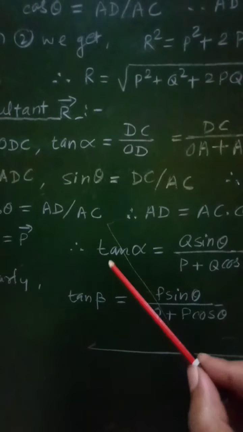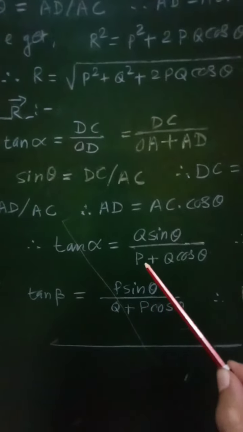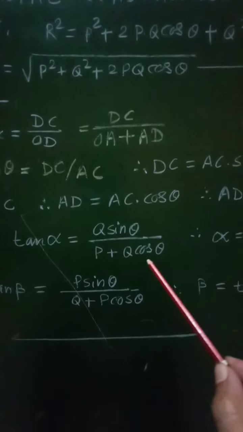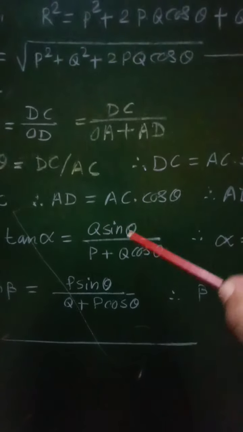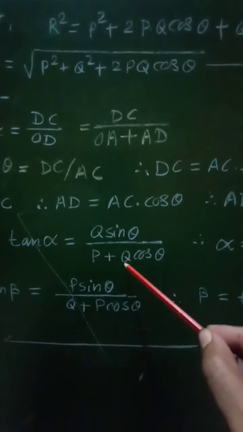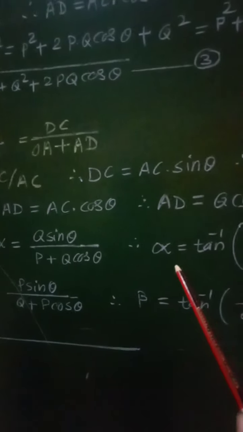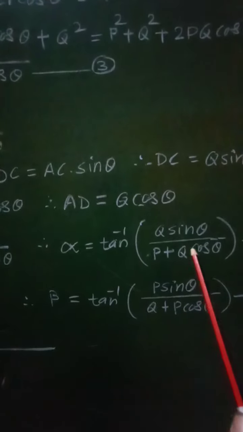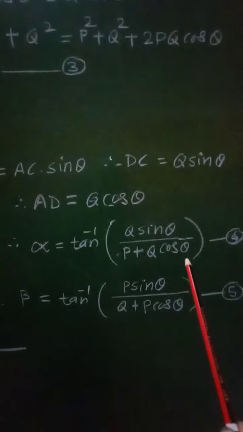Putting all these values, we will get tan alpha equal to Q sin theta upon P plus Q cos theta, and this will be written as alpha is equal to tan inverse of Q sin theta upon P plus Q cos theta, equation number 4.